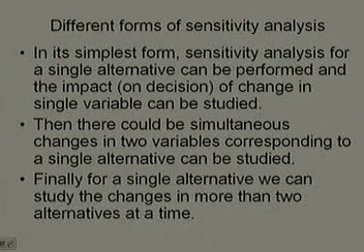So, this particular slide is giving you the explanation of the previous slide, and whatever we have discussed is written over here. For example, in single alternative, the simplest case is change in one variable at a time. The next difficult one is two variable changes at a time, and lastly we can have more than two variable changes for a single alternative.